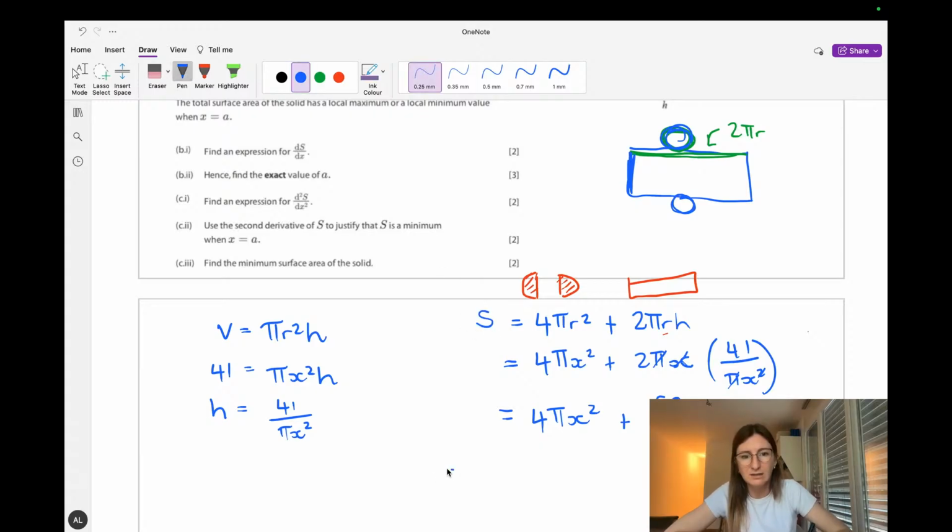Now I need to find ds by dx. What's the derivative? So here, 4 pi x squared, well, I multiply by 2, so that gives me 8 pi x. And here I have minus 82 over x squared. Messy.